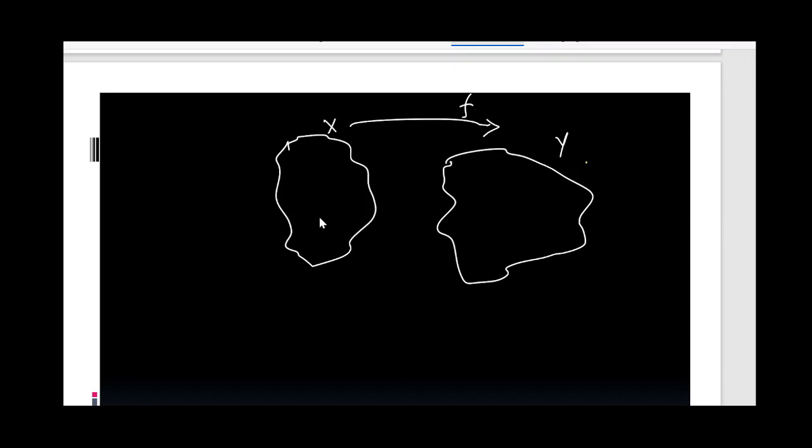For that, I should consider an open set A, right? Now go for its image here.